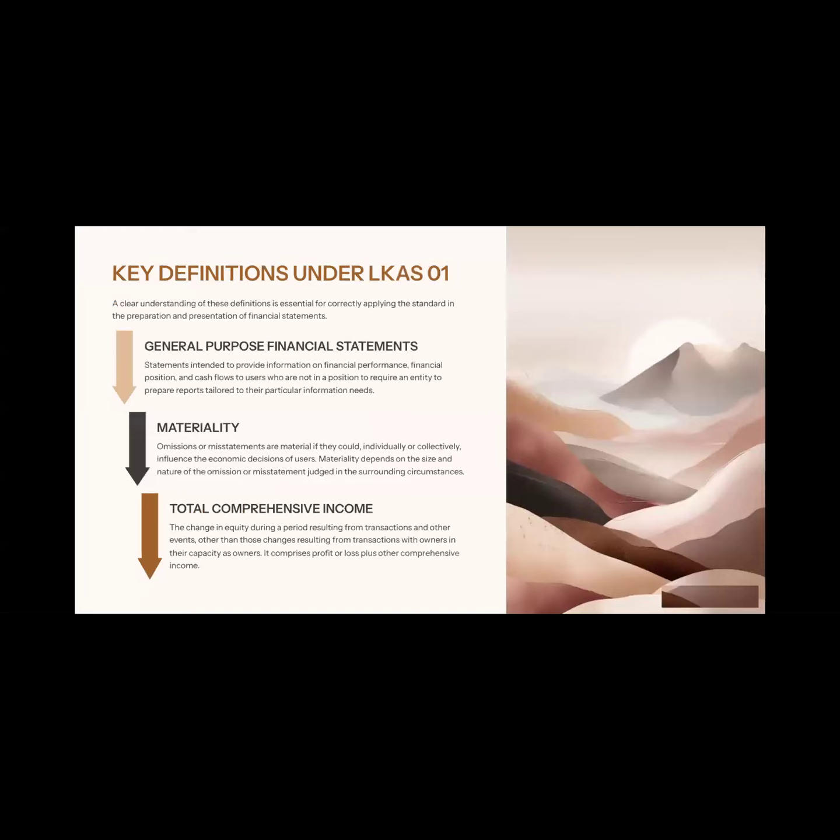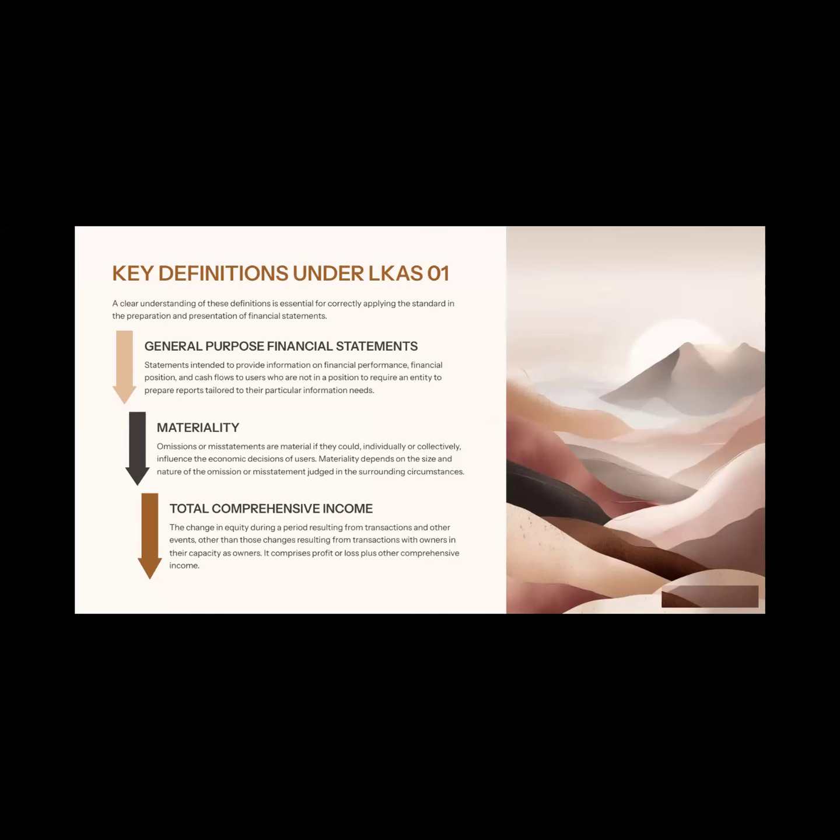So these are the key definitions that come under LKS 1. You should know how to define the terms general purpose financial statement, materiality, and total comprehensive income. General purpose financial statements are for evaluating financial performance.